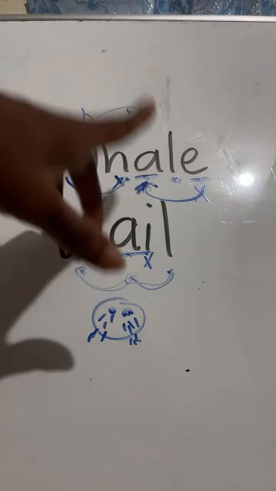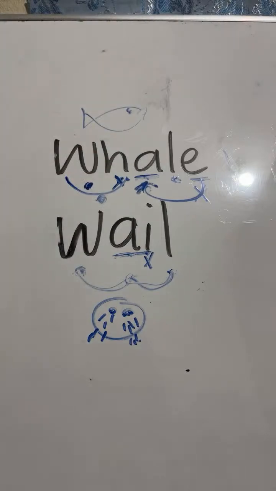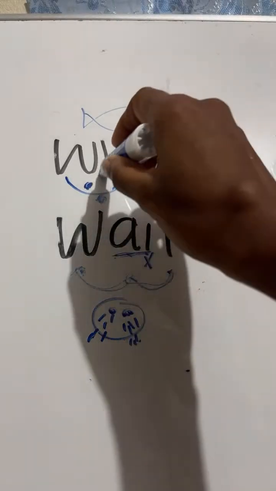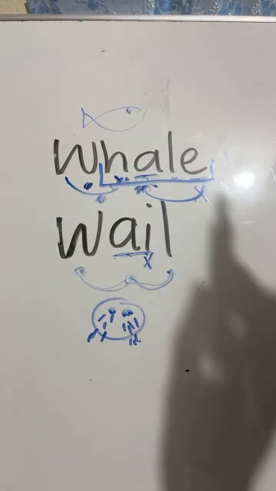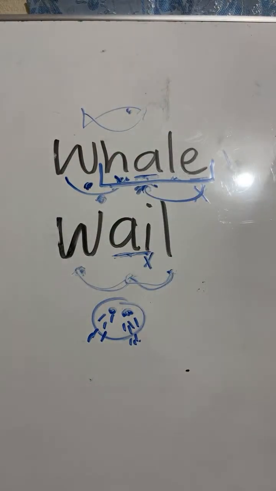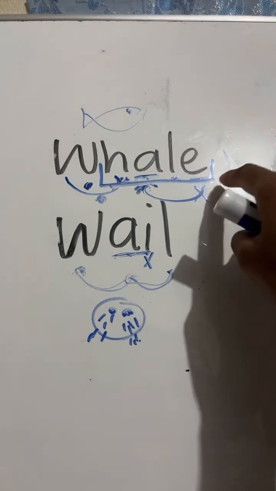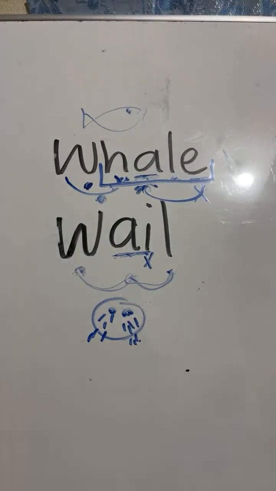So remember, the one with the animal spells with WH. A good way that you can remember the word whale, as in the animal, is to see hale, like inhale.